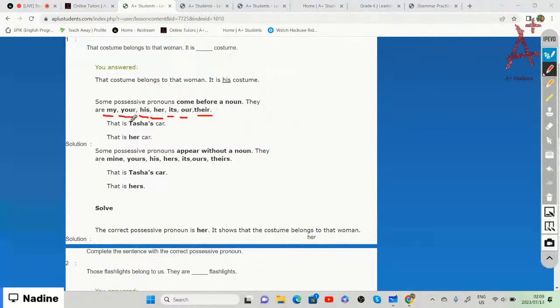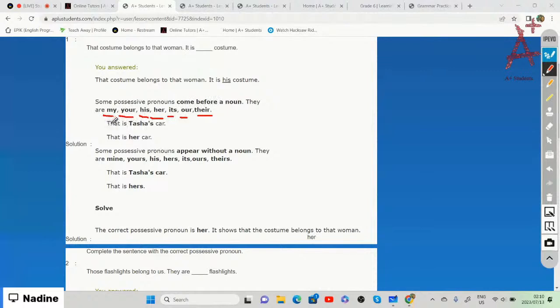So these possessive pronouns usually come before a noun. You can say my t-shirt, your ball, his something, her whatever.